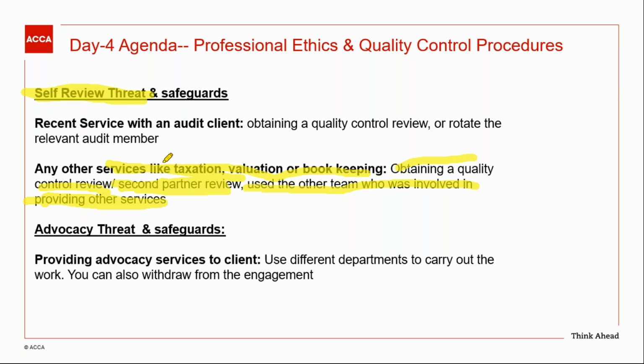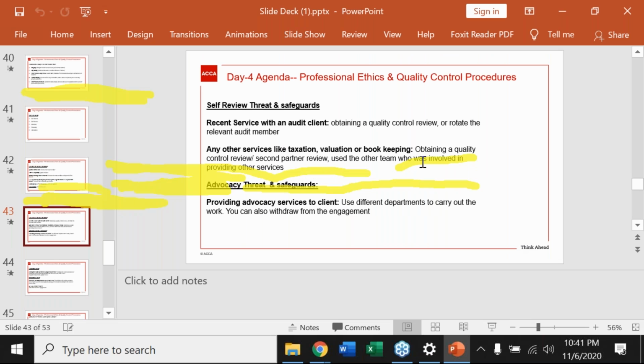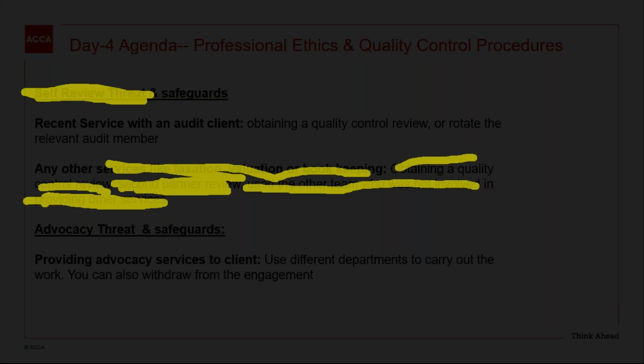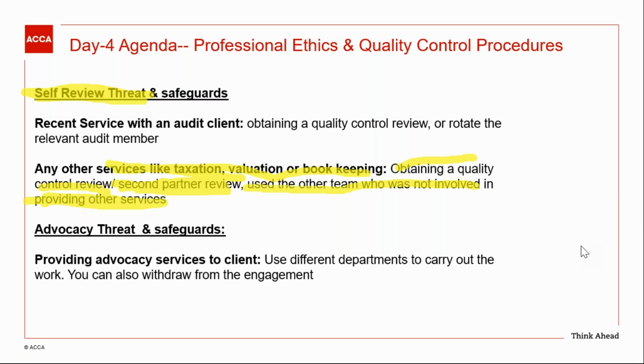Safeguards are basically having the whole work reviewed by another second partner who is purely independent and does not have any relation with the audit client, or using another team that was not involved in providing the other services. So this is all about the self-review threat.